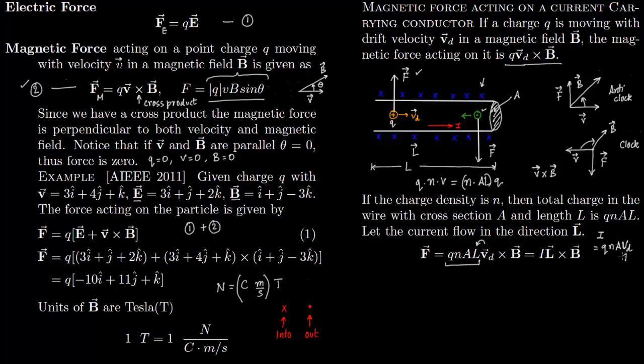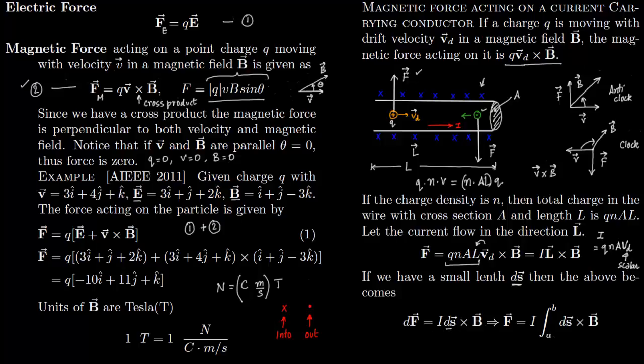Now this Vd enters as a scalar and you have transferred the vector to the length vector. So you get force as current times the length vector cross product with the magnetic field. Now instead of the L vector, if you have a small vector ds, you plug it in here, ds vector, integrate both sides, and then you get the force as current times the integral from A to B. This A to B could be the length of the conductor, and then you have this small ds vector cross product with the magnetic field.